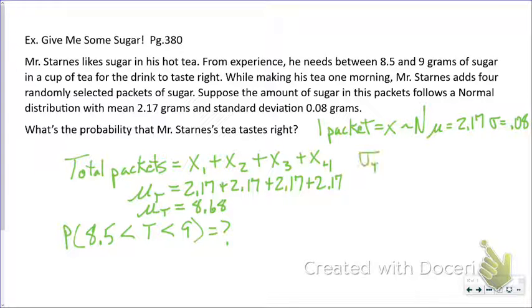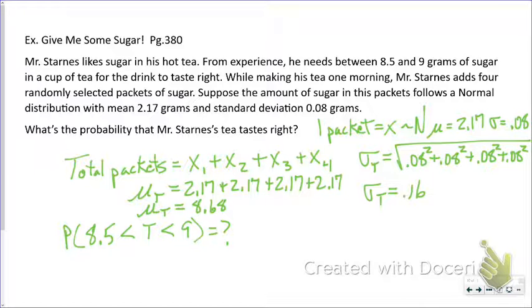Standard deviation is 0.08 squared 4 times. And that is 0.16. Since x was normal, t is normal.